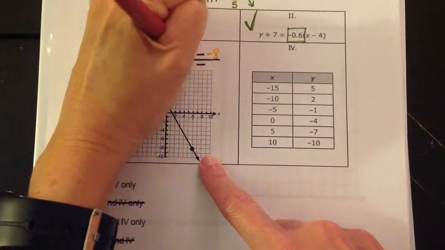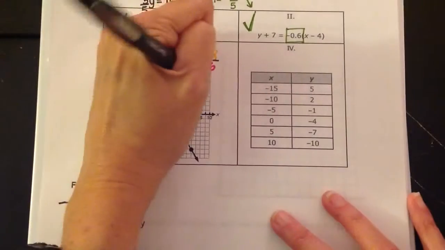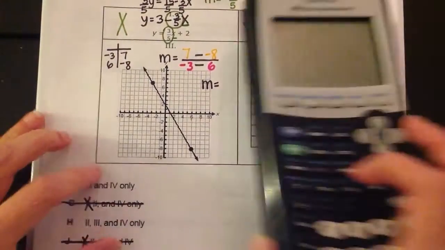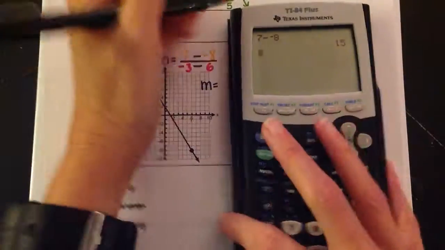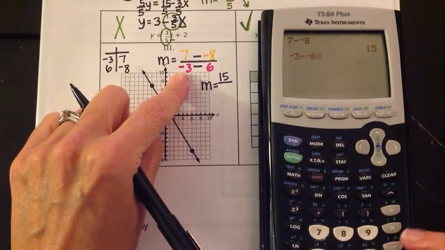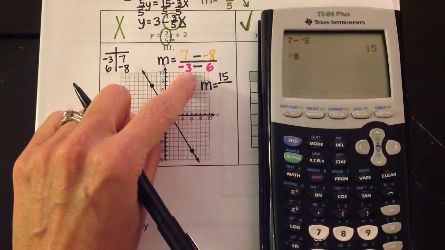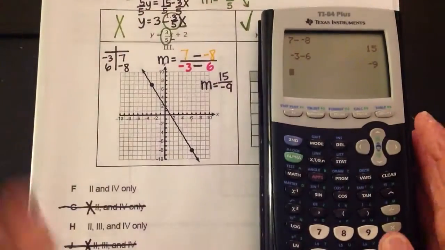And now I'm going to do negative 3 minus 6, just like we did in class when we talked about slope. So I'm going to have m equals, now I'm going to do some subtraction, 7 minus negative 8, which is going to be 15, over negative 3 minus 6. Oh, nope, I typed that in wrong. It should be negative 3 minus 6, negative 9. And now I've got to simplify my ratio.